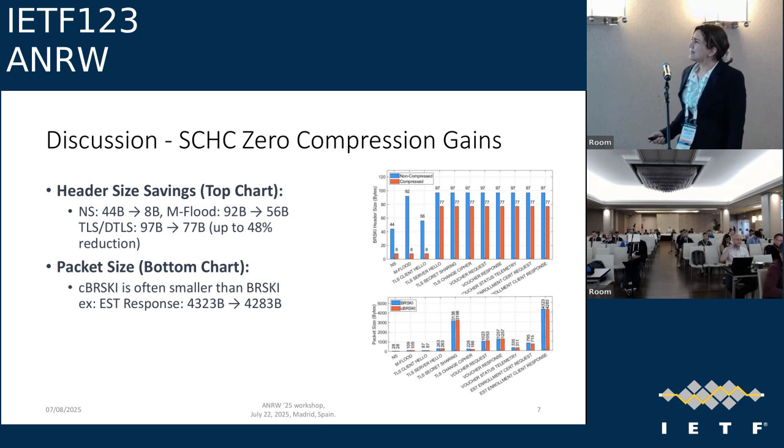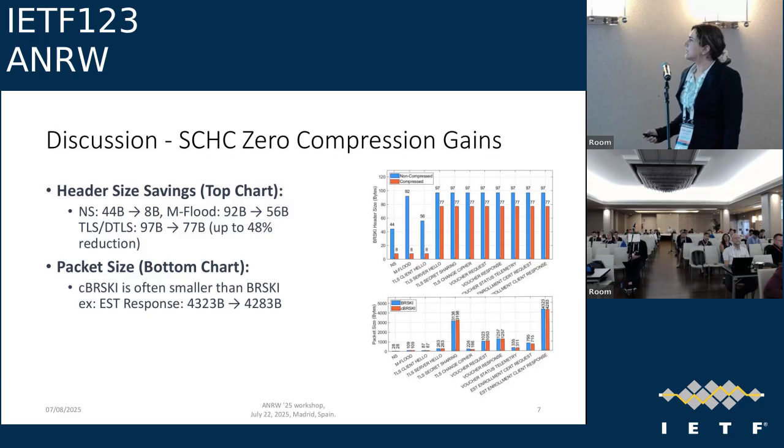We can see that constrained Brusky often shows smaller message sizes than Brusky, but not in all cases. Many messages show the same packet size, because in those cases the packet headers were the same, but the rest of them were different.